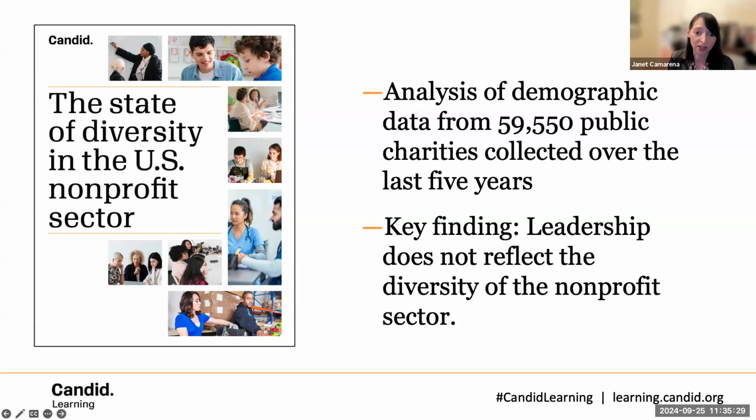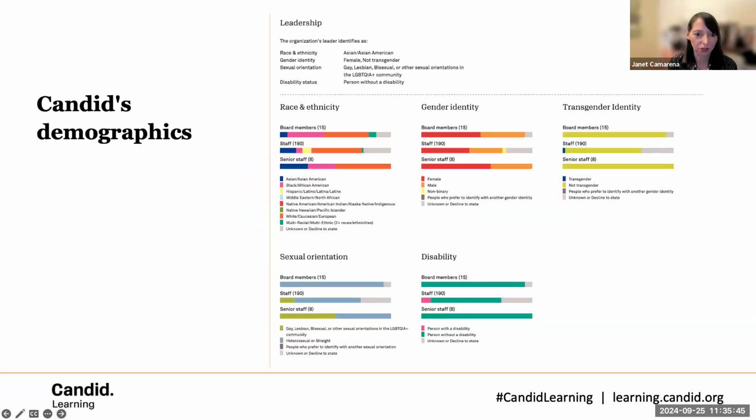The report provides a detailed analysis of the different dimensions of the diversity that we track, and I'll drop in a link to it in a few moments so you can all access it, because it makes for very interesting reading.